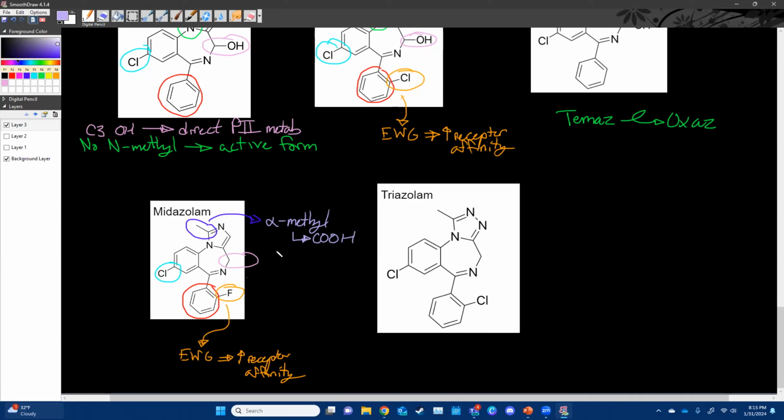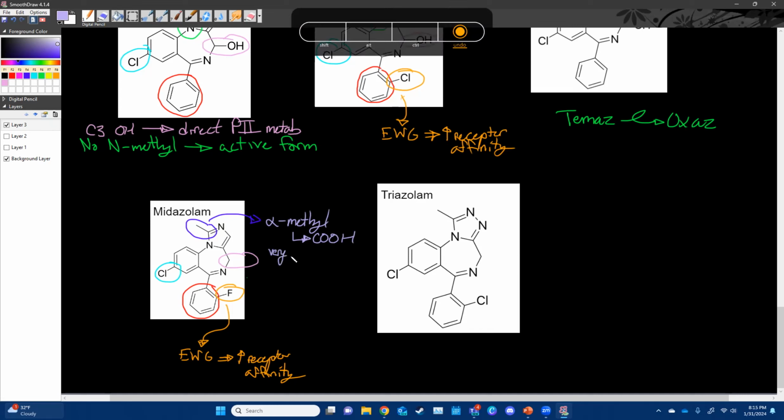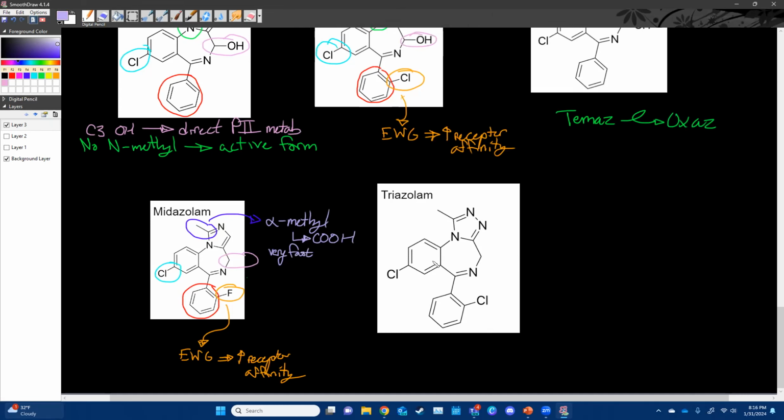So this is very, very fast. In triazolam and midazolam, the fact that we have this aromatic group attached to this nitrogen means that we have very, very fast metabolism comparatively.